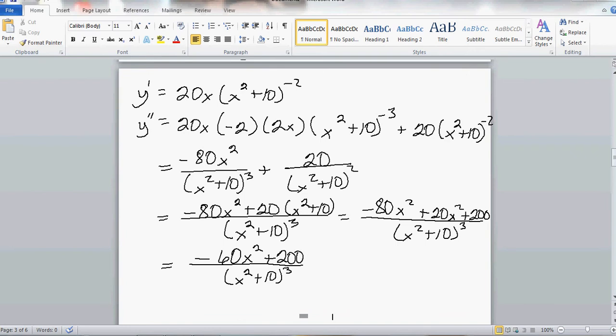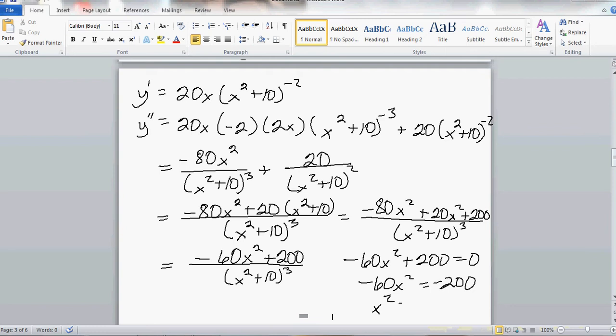Now once again, we need to set both the numerator and the denominator equal to 0. The denominator, once again, still will not ever become 0, so we don't need to worry about that. Instead, all we have to worry about is what is negative 60x squared plus 200 equal to 0. So negative 60x squared would equal negative 200.